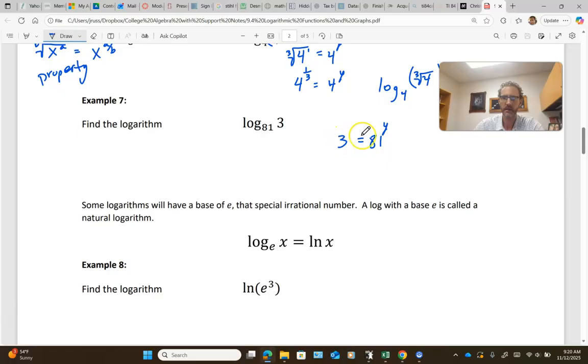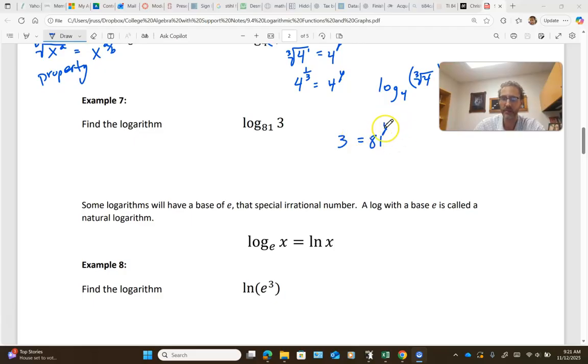And this is kind of tough, okay, because only really by having a fair amount of familiarity, or having worked with numbers a lot, I know that 3 is actually the 4th root of 81. Or in other words, what I'm trying to do here is re-express 3 as 81 to some power.